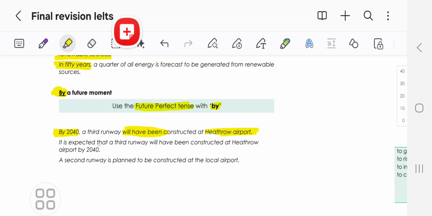It is expected that the third runway will have been constructed at Heathrow airport by 2040. Again, 'by' is basically a future moment. The second runway is planned to be constructed at the lower local airport.